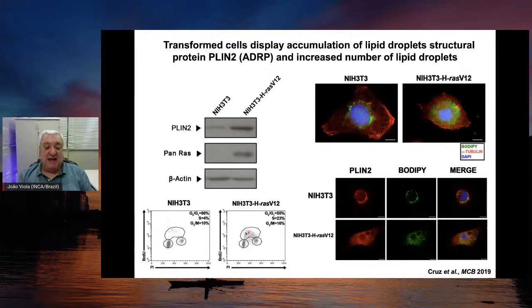The cells enter S phase, and we see a really high number of lipid droplets associated with cell transformation. So we show here the association of the lipid droplets with the labeling of RDRP that is here.